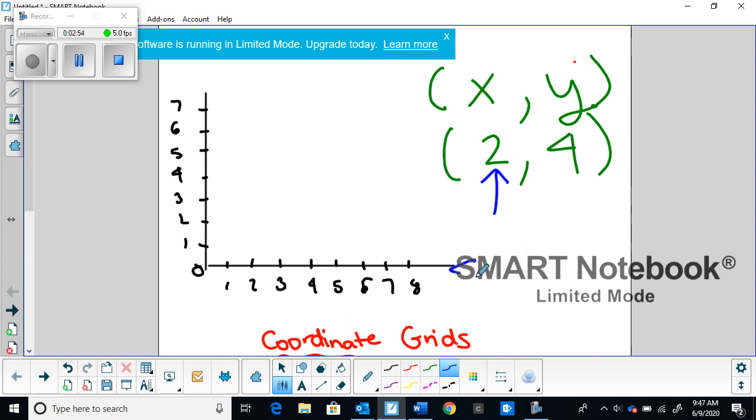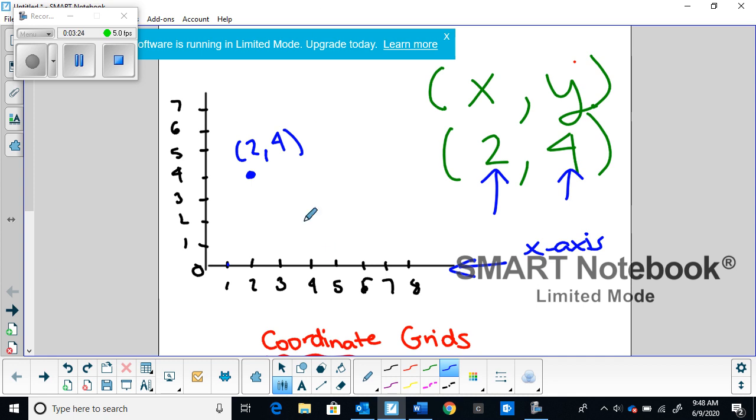So I go to the x-axis and I find the 2: 1, 2. Okay, so I'm here. But that's not my point yet. I can't put a point down there yet because we also have a y value. We add some height to that point. The 4 is the y value, so I go 1, 2, 3, 4. I'm at the 2, and I go up 4, and that is where the point (2, 4) would be.